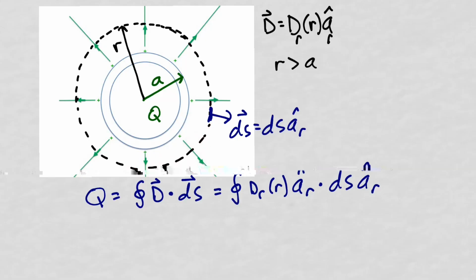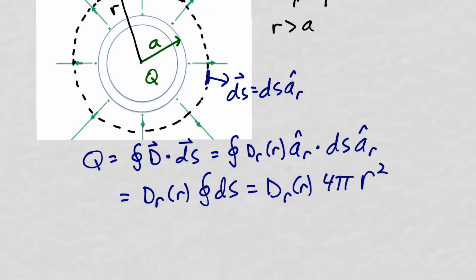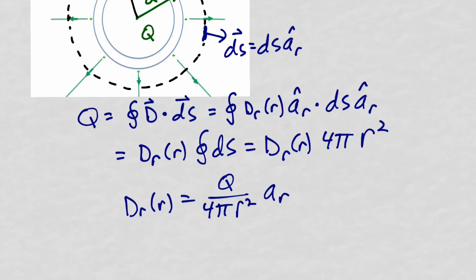So this integral becomes the value of the electric flux density field on the surface of our Gaussian surface, and the integral of dS over the whole surface of that Gaussian surface of radius r. So that's just the surface area, 4 pi r squared. So our electric flux density field is Q over 4 pi r squared in the a sub r direction.